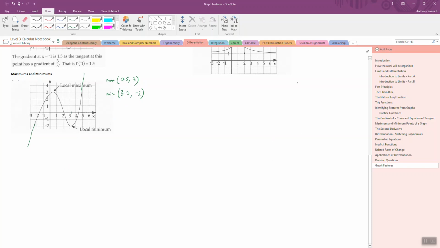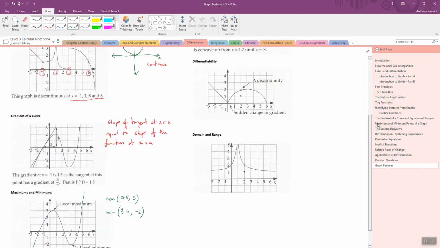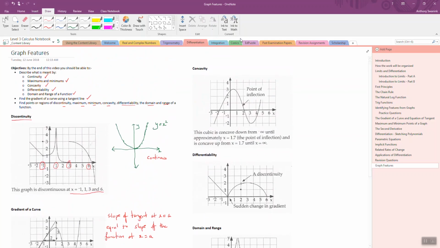Okay, let's move on to the next part. Concavity. Well, we've just talked about maximums and minimums. On a graph where you have this kind of curve, what we've got is a region from about here to the left where it's basically what they call concave down.